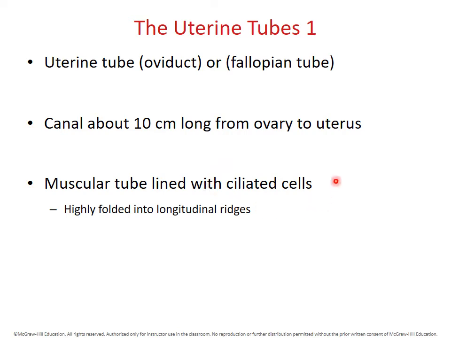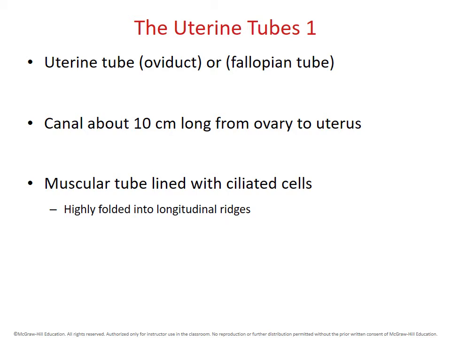And the cilia help create, of course, a flow of fluid, which also helps draw in and transport the ovulated oocyte towards the uterus. Now, it's possible for an ovulated oocyte to not get drawn up into the uterine tube. It's possible that it might escape and wander around the pelvic cavity.